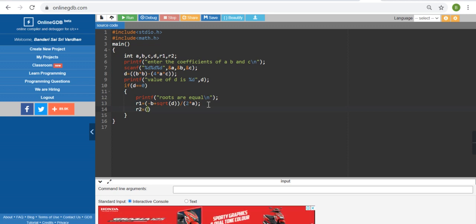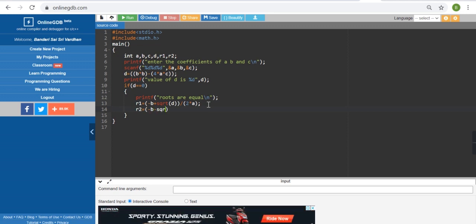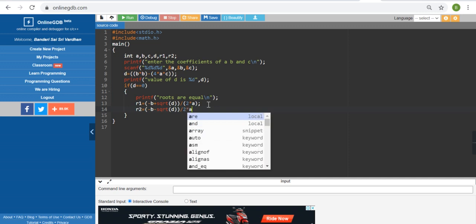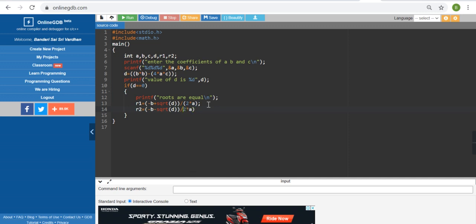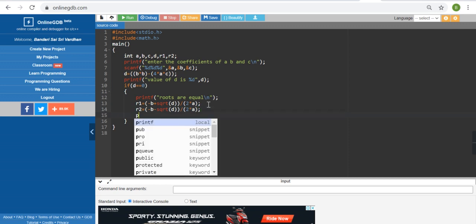Same formula, but minus b. Now in the above statement we used plus square root of d by 2a, so this is the other root. Now having found these two roots, what should we do? We need to print them.